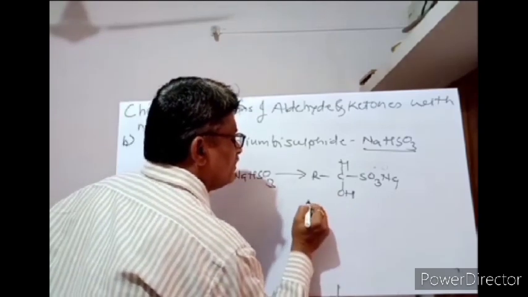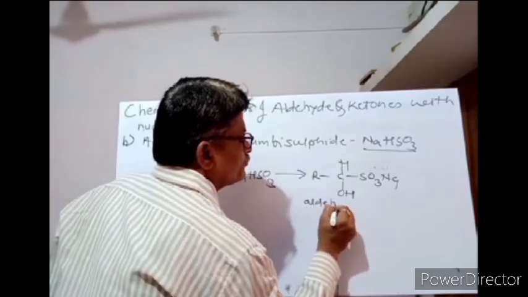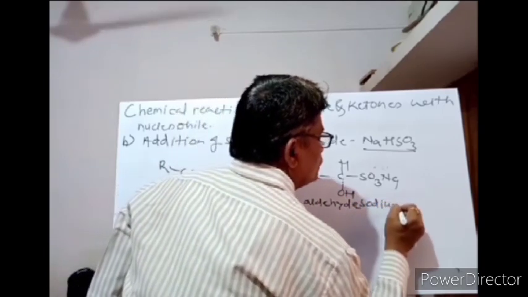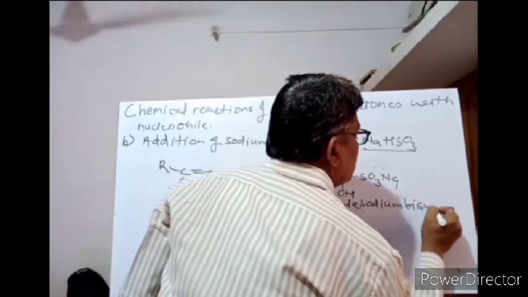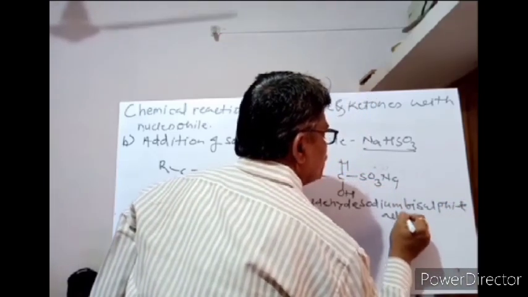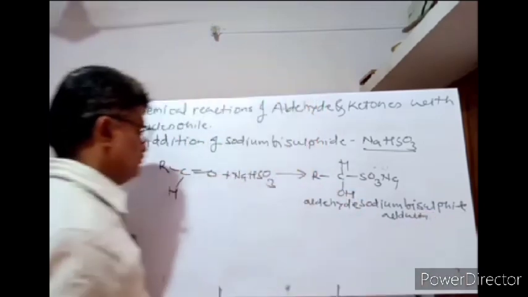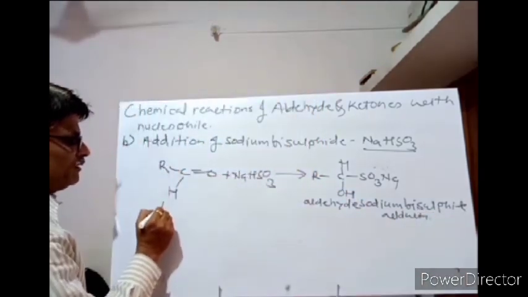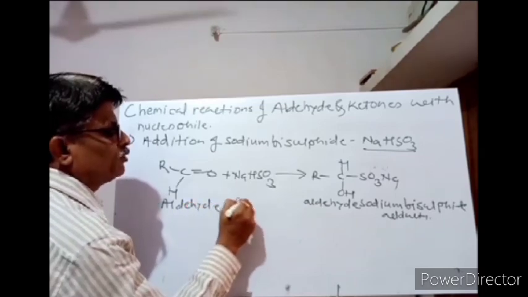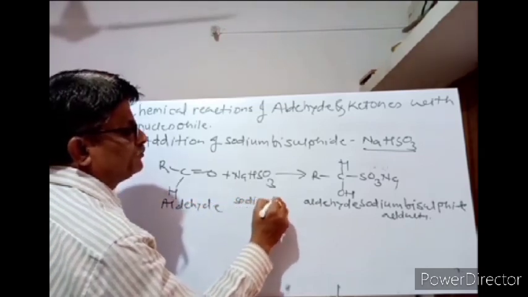This is called an aldehyde sodium bisulfite adduct. With ketone, this is our aldehyde, and this is a sodium bisulfite.